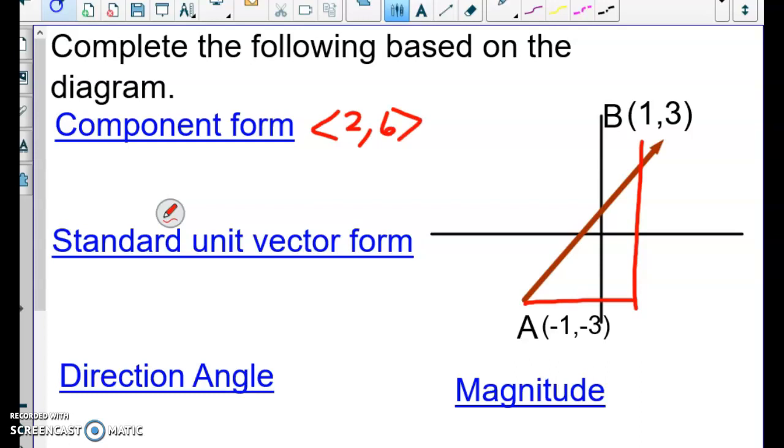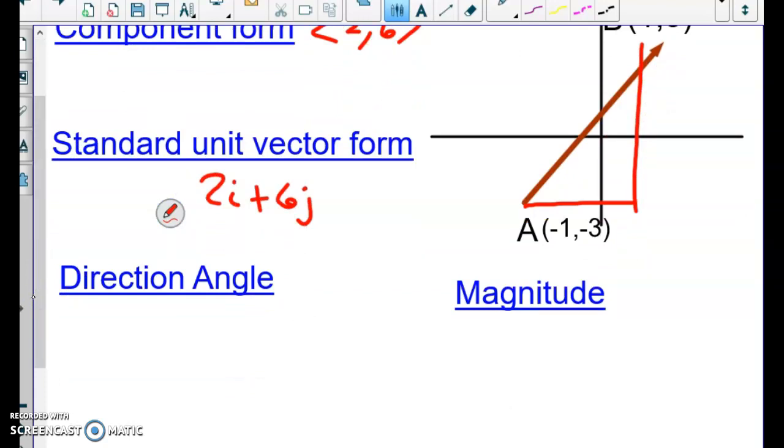In standard unit vector form, that's the ij form, I'm going to go 2i plus 6j. And my angle direction, from the horizontal, I'm going to say the inverse tangent of the opposite over the adjacent, and I think that is 71.6 degrees.